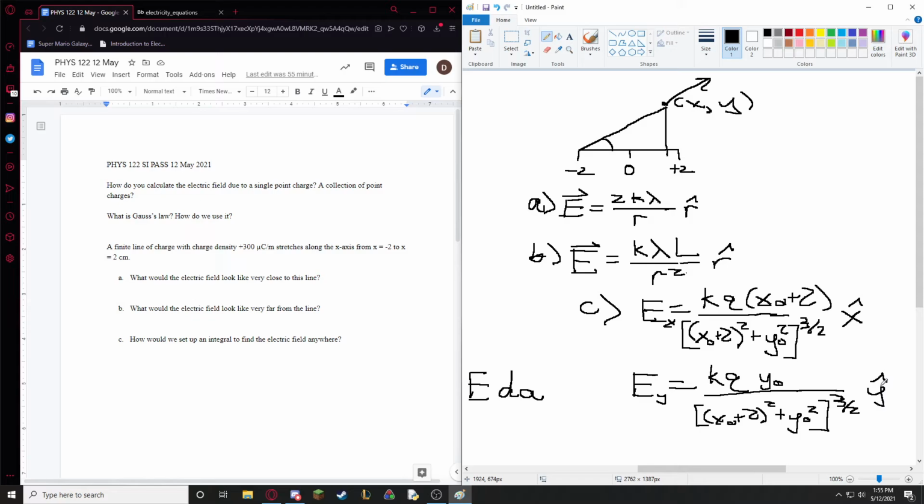So now, how would we actually set this up to integrate over the whole line of charge? Well, we're integrating the charge, right? We're integrating Q. So let's go ahead and replace Q with dq.